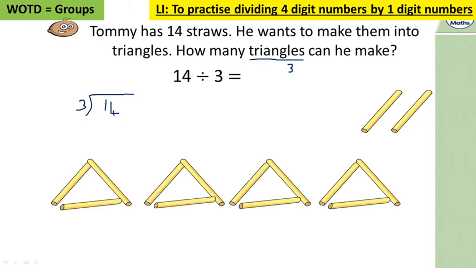So how many 3s in 1? None, because you've got one thing, you can't share it between 3 people equally. How many 3s in 14? We know that there are 4 3s. 3 times 4 is 12, and you've got 2 left over because 14 take away 12 is 2. And we've got the same here. So 4 triangles, 2 remaining.